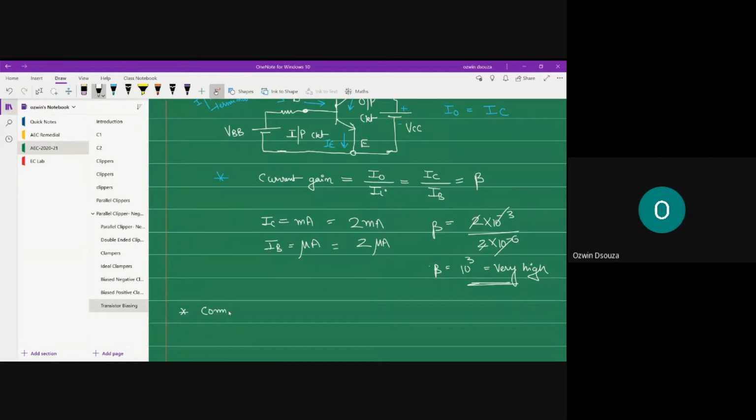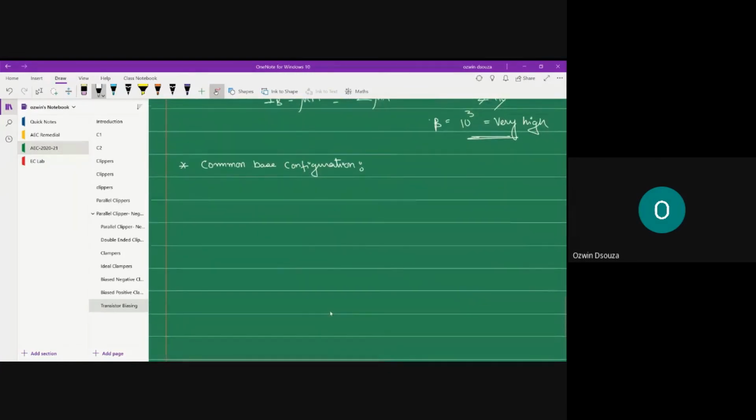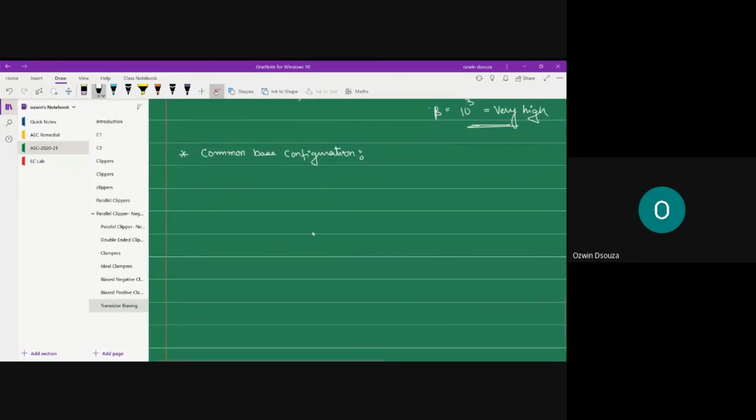In the common base configuration, I think now you have understood the technique. The base terminal is made common. Something like this you can draw. This is your base. The emitter will be the input terminal, and the collector is going to be the output terminal.